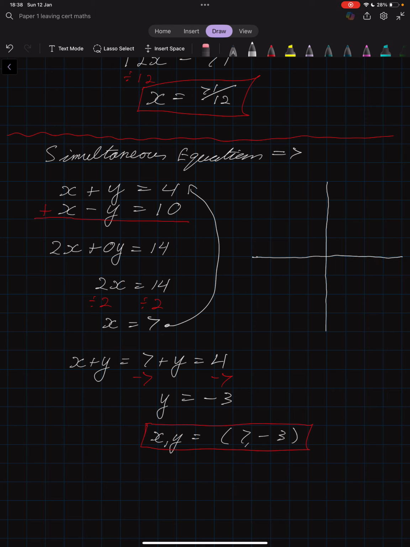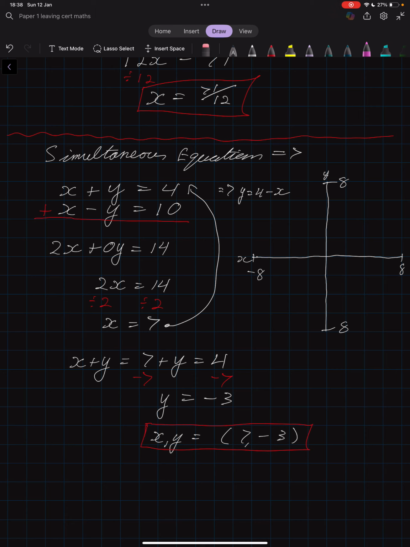That's y. That's 8. And that's 8. This line, this is the y equals 4 minus x line. So we'll do it later, so you can just trust me now, but I'll explain this when we're doing trigonometry and coordinate geometry. If I plug in 0, I get this point, and it's just a straight line down.